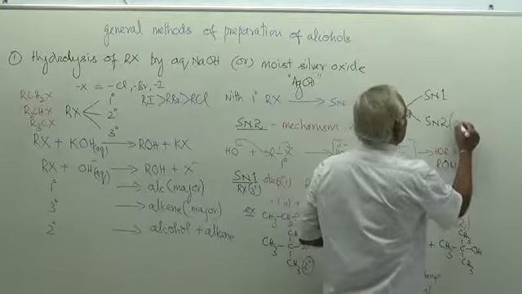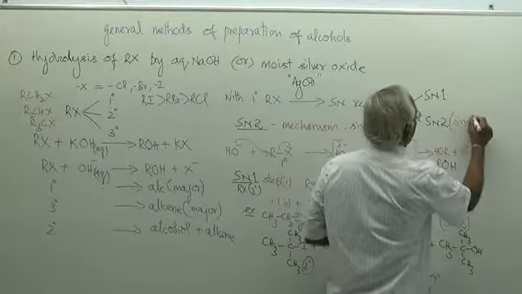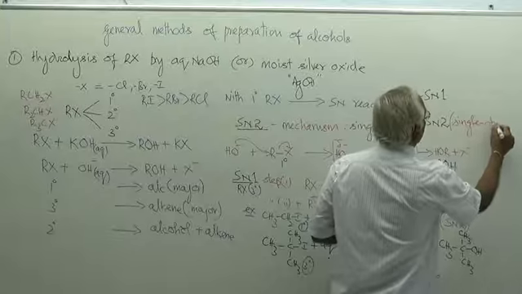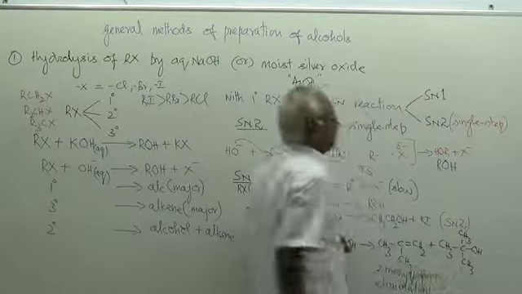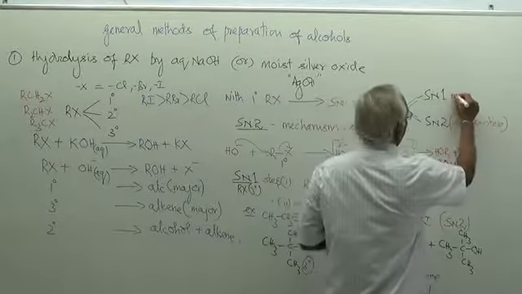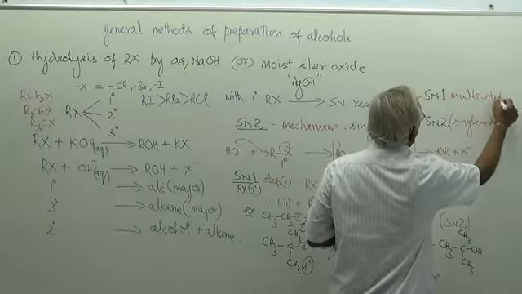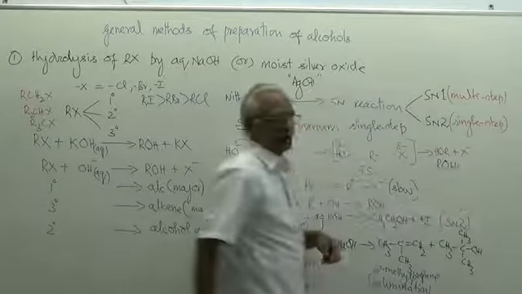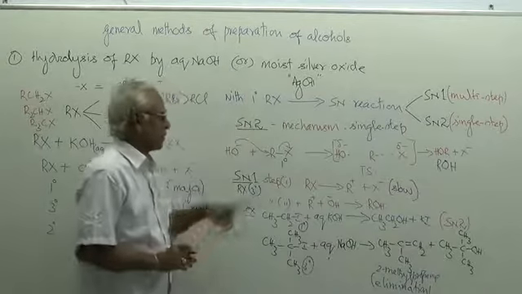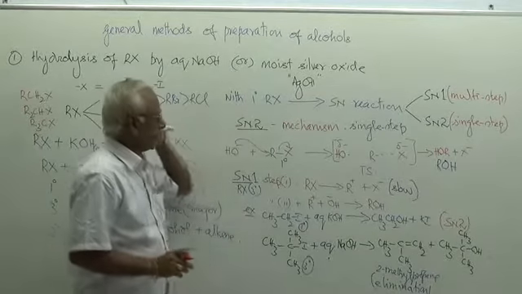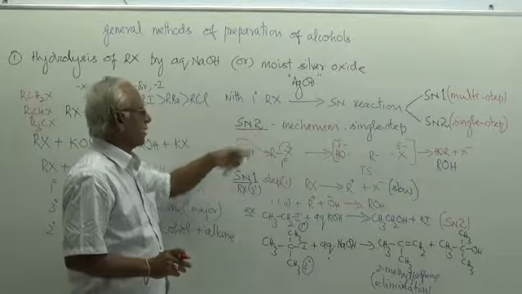SN2 is going to be a single step process, the simplest mechanism, whereas SN1 is going to be a multi-step process, involving more than one step. Now let us look into the mechanism of SN2 reaction.